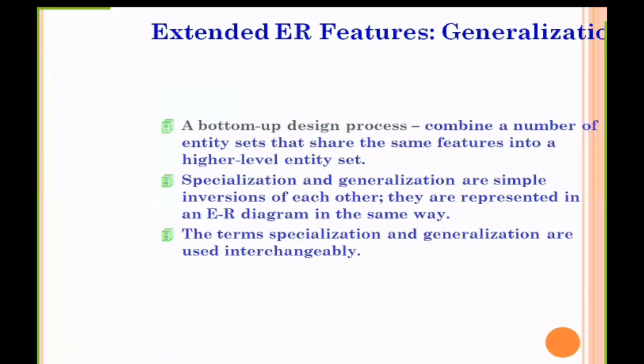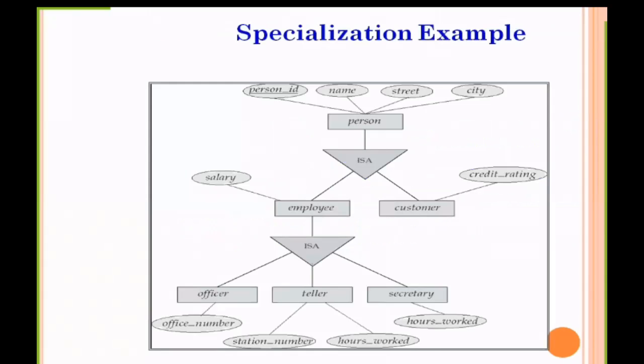Okay, so according to the generalization design process, keep this particular diagram in mind, we are combining entity sets that share the same features. So all the same features of employee and customer entity sets will be combined and will be available with the higher level entity set, which is nothing but the person.